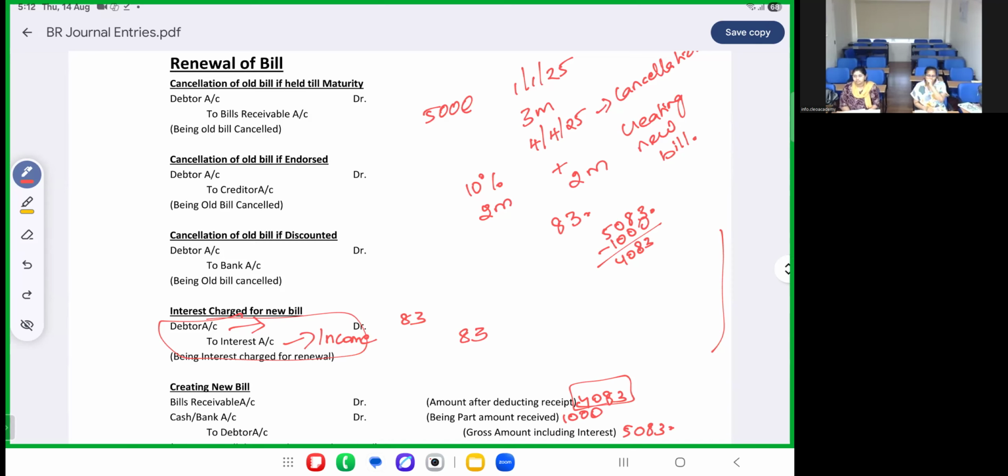See, Ramya has drawn the bill to Sarita. Sarita should pay to whom? Ramya. Now, Sarita is not able to make the payment for 3 months.